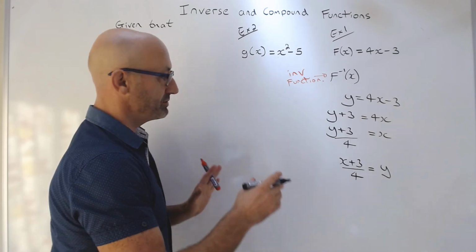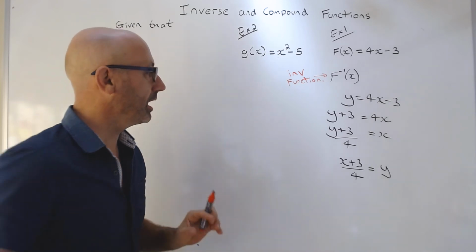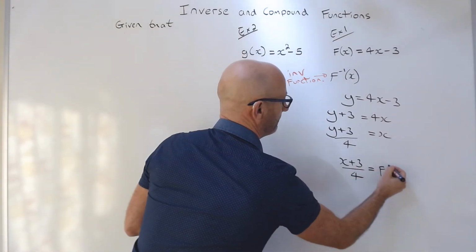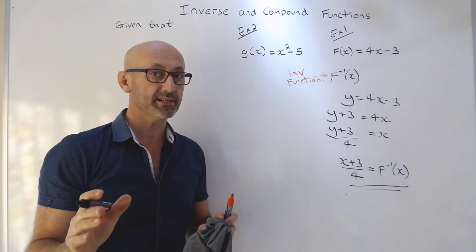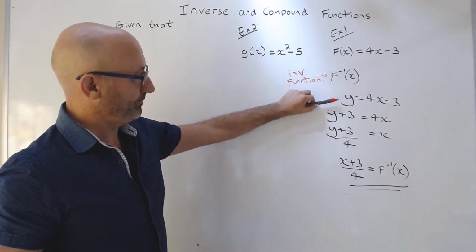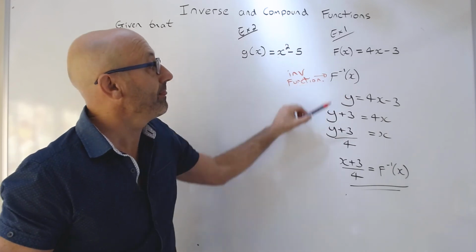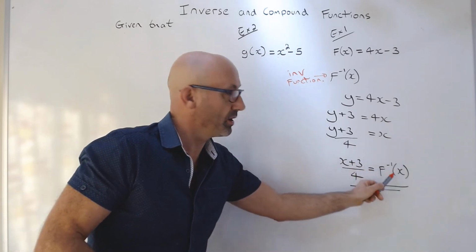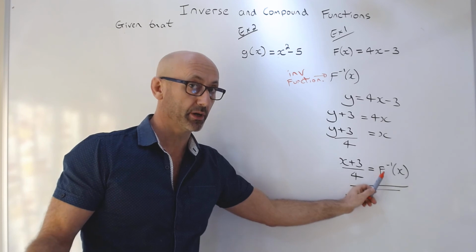But what you've got to do is replace y with f to the minus 1 of x, and that's it, that's what we do, okay? So recap: call f(x) y, then make x the subject, and then swap x and y and replace y by f to the minus 1 of x, okay?